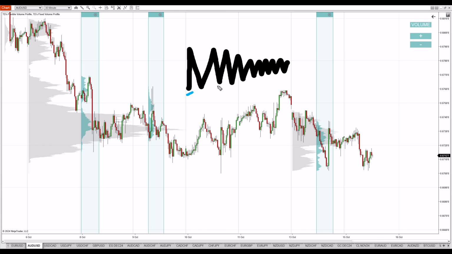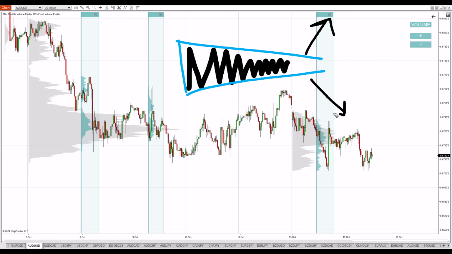You can call this a flag formation, and then the price shoots either upwards or downwards in a strong trend. So look for signs like this, and the longer the rotation, the more you should anticipate a trend. And when the trend starts, you stop trading this way and start trading setups which are built for trends.